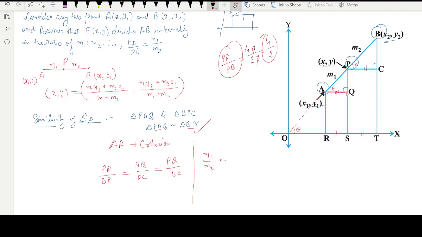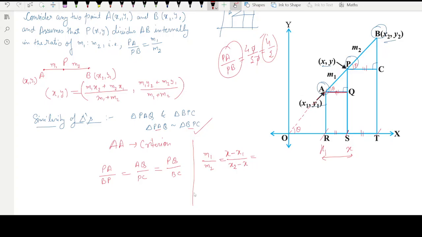Now, what is AQ? AQ is the x coordinate minus the x1 coordinate, as we discussed previously. So this is x minus x1. Similarly, this is x2 minus x.